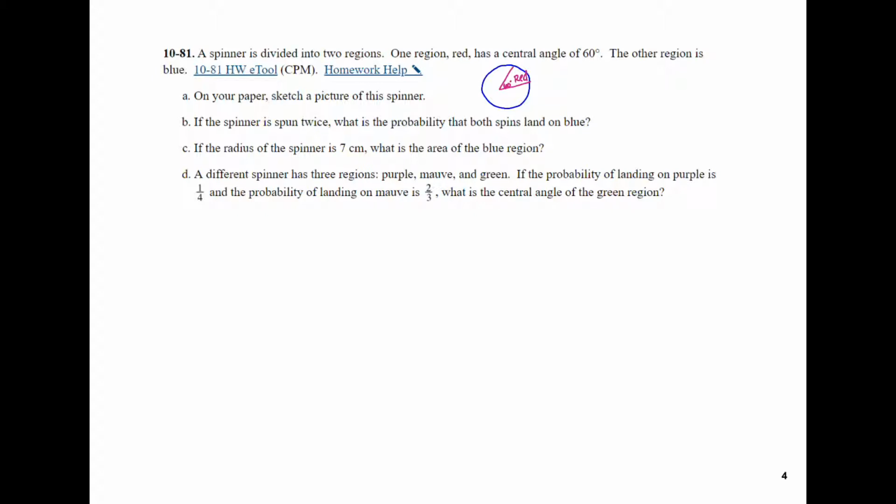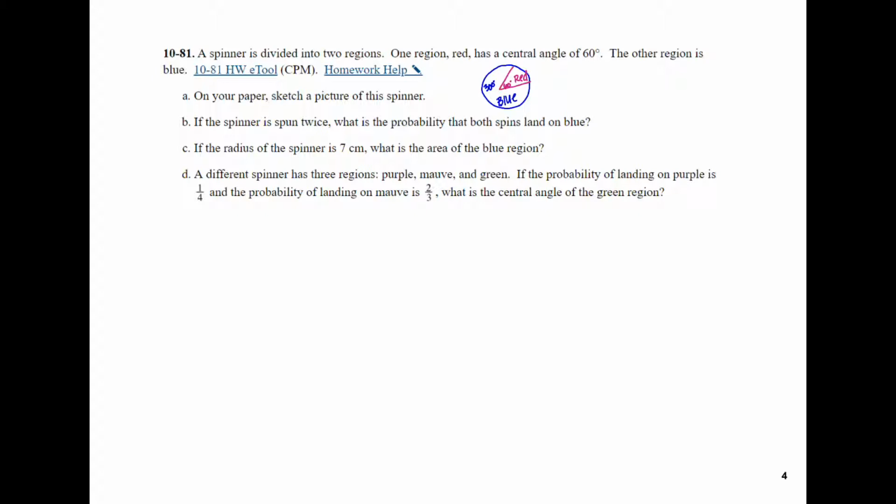The other region is blue, which would be 300 degrees because we're talking about a circle. If the spinner is spun twice, what is the probability that both spins land on blue?